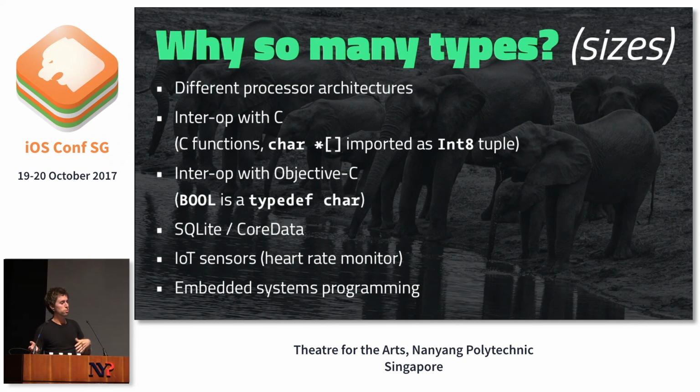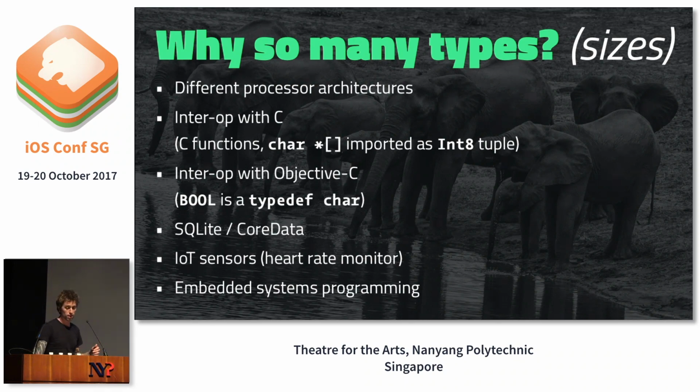When we have an array of bytes that gets bridged over, we actually receive that in Swift as a tuple of Int8s. And for other things like SQLite or Core Data, you may need to store specific numeric sizes in there, like an Int8 or something. And Swift isn't really used in embedded systems programming yet, but if Chris Lattner achieves his goal, one day it will be.